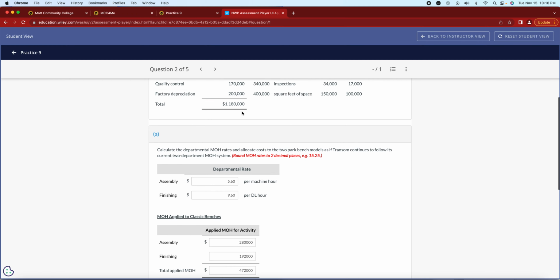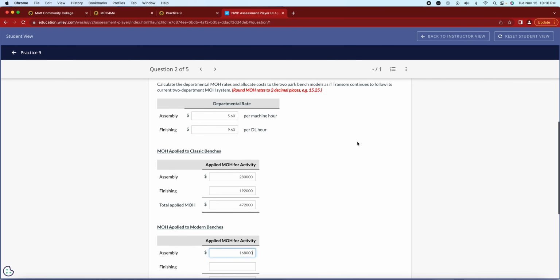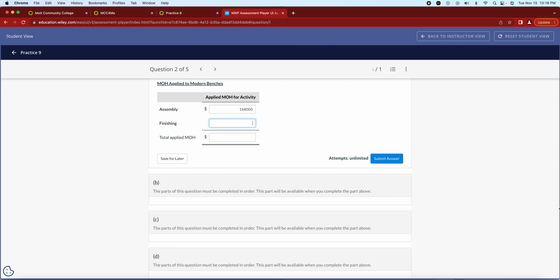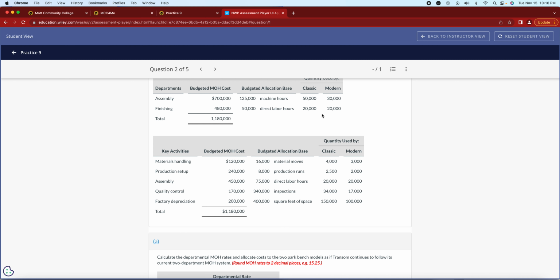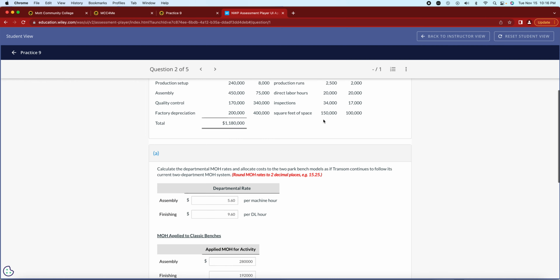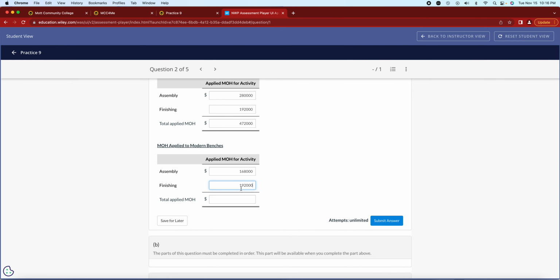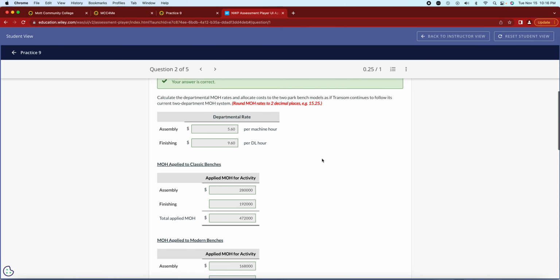And multiplying the 9.60 times 20,000, we have 192,000, which, yeah, actually we already calculated that it's going to be the same number for both of them because they have the same amount of hours. So the 192, that's just because they both use 20,000 direct labor hours. We add those two together and we have 360,000. Let's make sure those are correct before we move on.